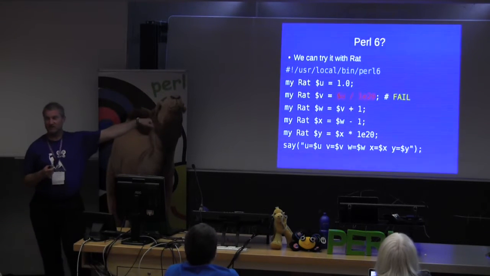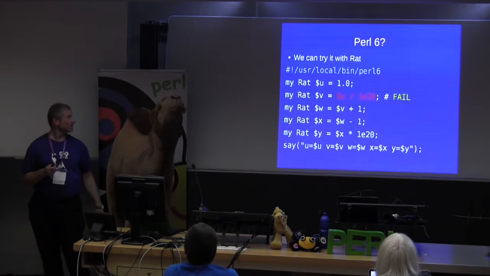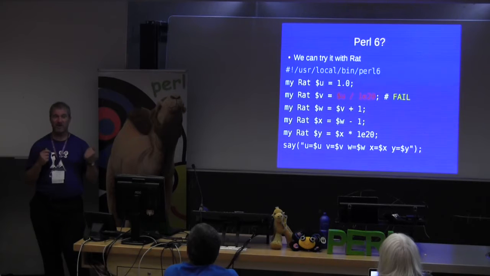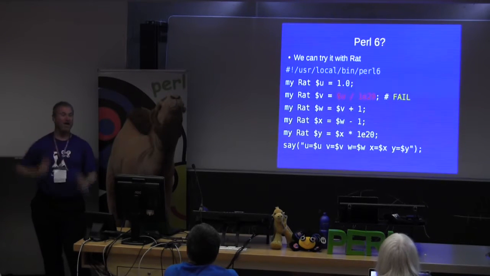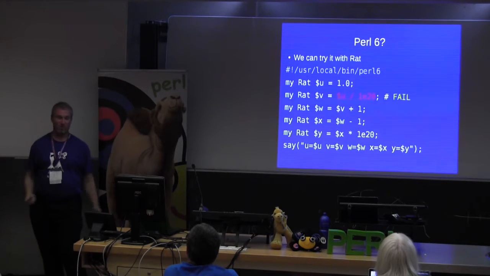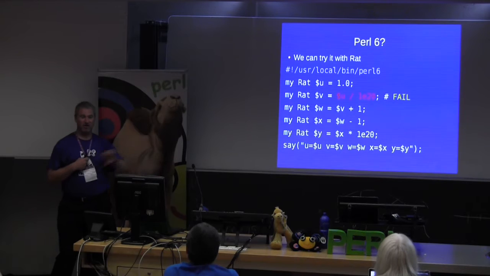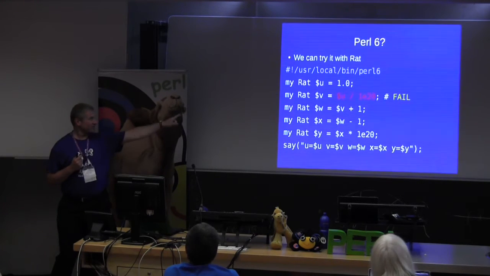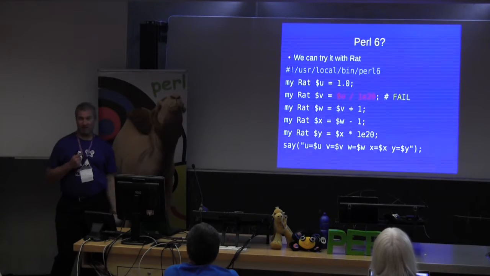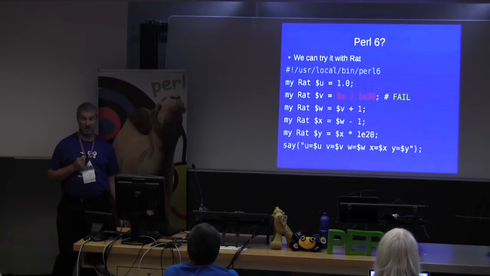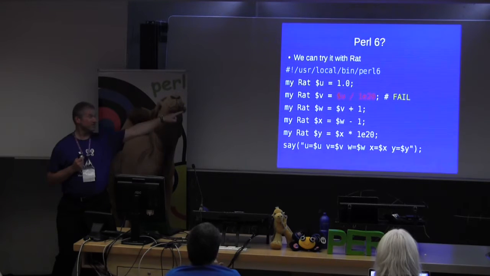And the reason is this Rat in Perl 6, they just took seriously the fact that these rational numbers tend to get huge in top and bottom, and you just blow up your memory. So this one has just an unsigned integer as the bottom, the denominator. And therefore, this is not fitting in a 64-bit unsigned integer, so it fails in this line.